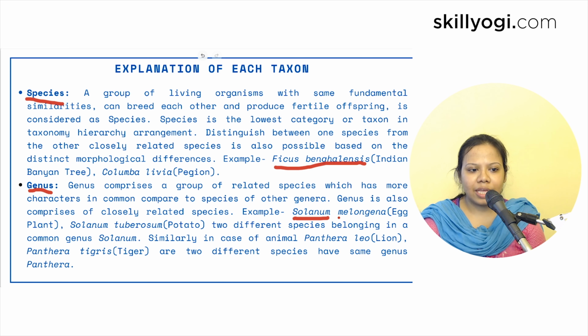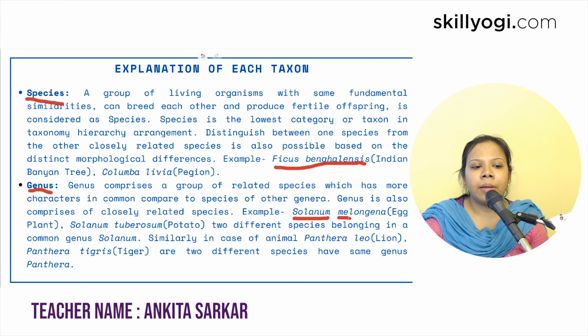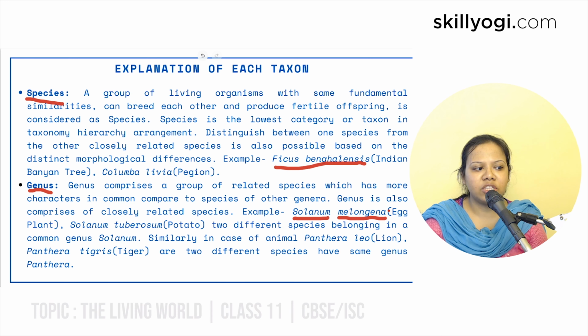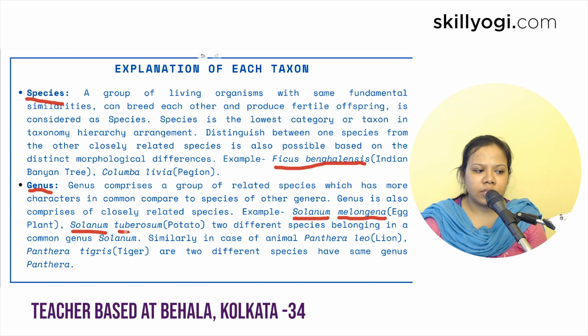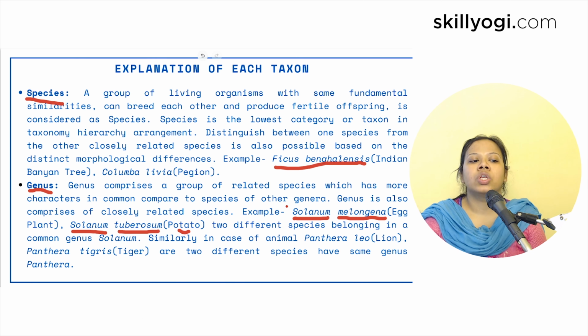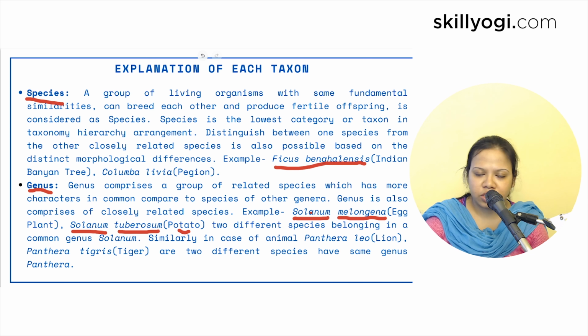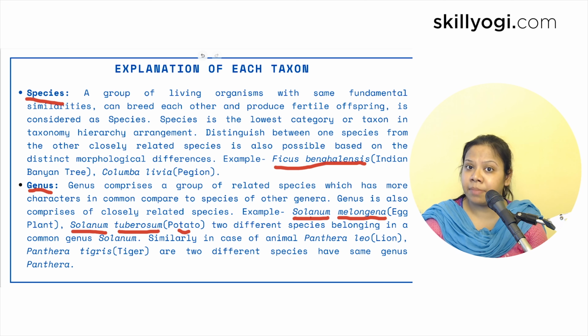Here we also use Solanum melongena, which is the scientific name of eggplant, and Solanum tuberosum, which is the scientific name of potato. So Solanum melongena and Solanum tuberosum are different species, but they possess the same genus, that is Solanum.